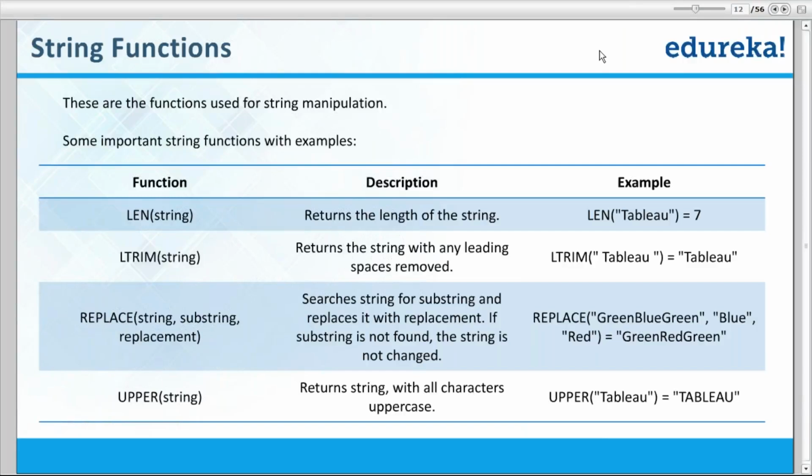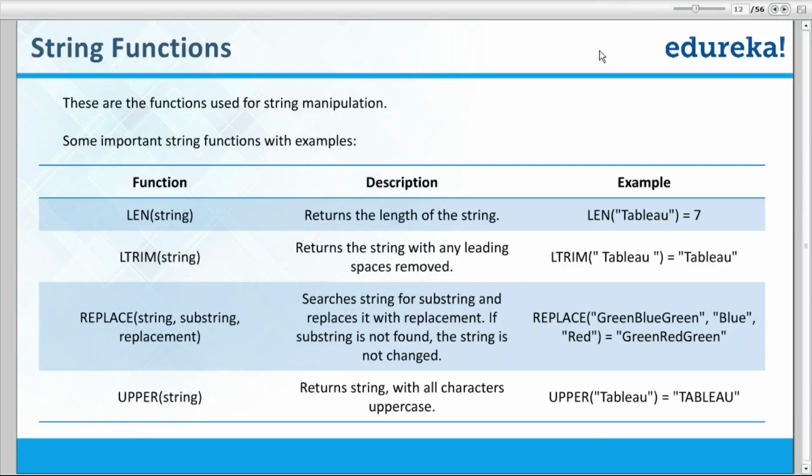Okay. So similar to our profitability and numeric calculations, we have something called string calculations available in Tableau. So what are string calculations and how do we make use of them?